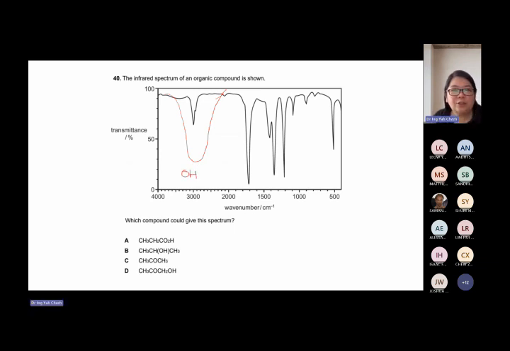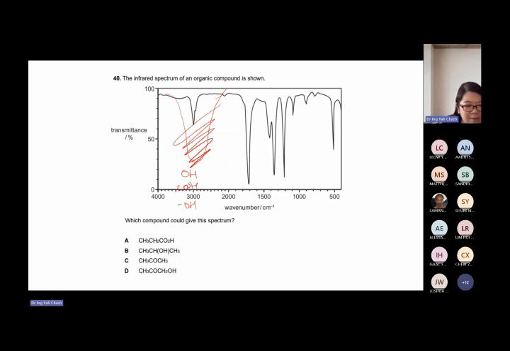If there's a functional group that contains an OH bond, like COOH, like alcohol, then this broad peak will appear in the infrared spectrum. But since there is no broad peak on the left-hand side, the organic compound giving this spectrum shouldn't have an OH functional group. No alcohol, no carboxylic acid.